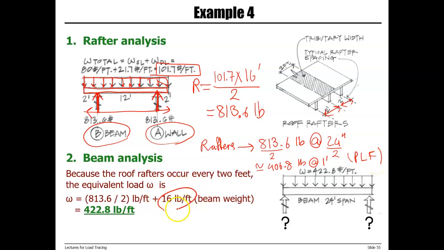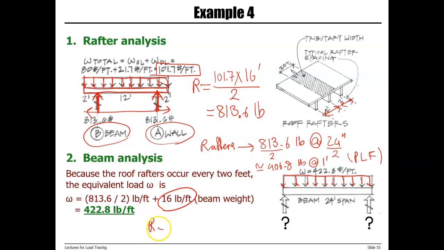Then we also need to add dead load of beam to it, and we have the total load on our beam as 422.8 pounds per foot.